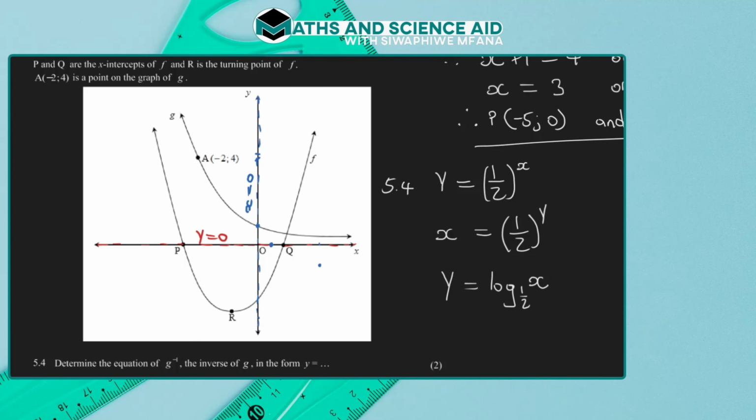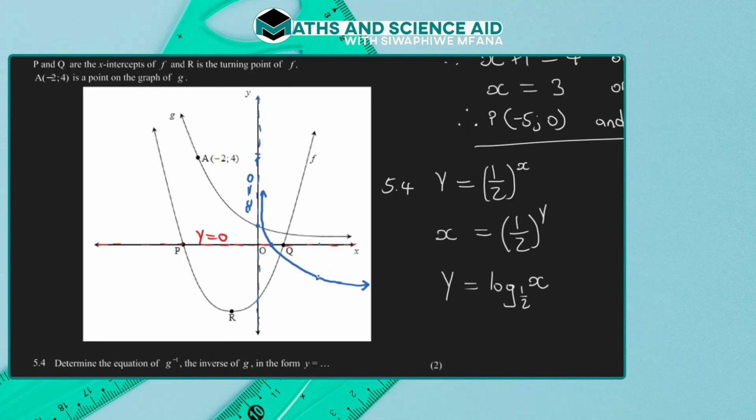Okay, and so now maybe let me bring this point down a little bit, and now we can just simply draw a curve that passes through these points, and it can go closer to the asymptote but should never meet it. So this is how the inverse of g is going to look.